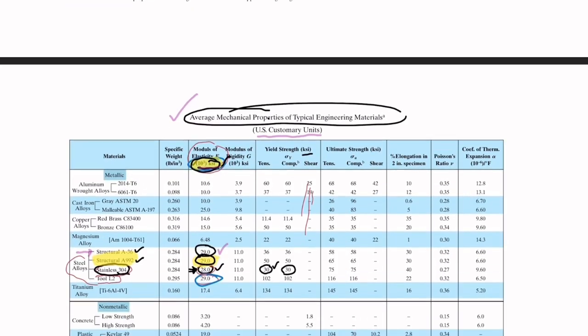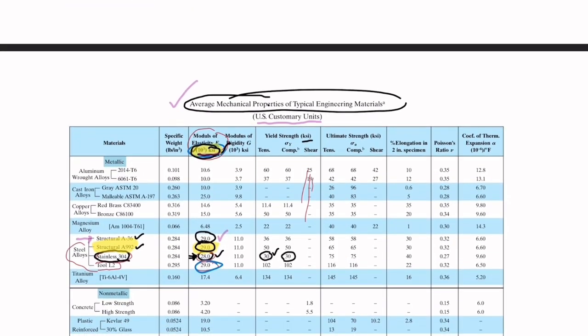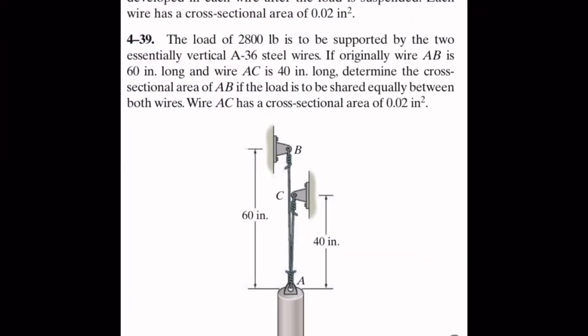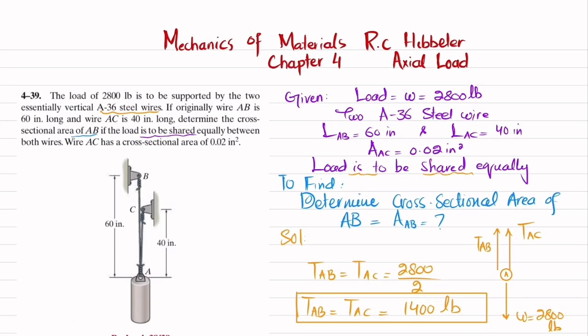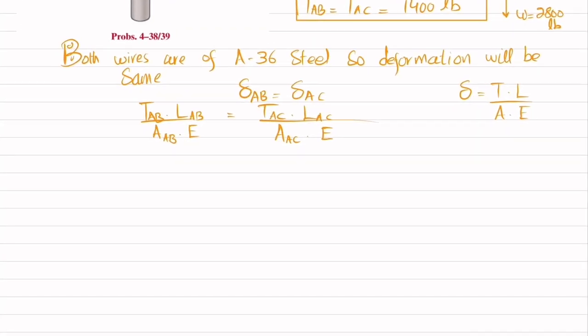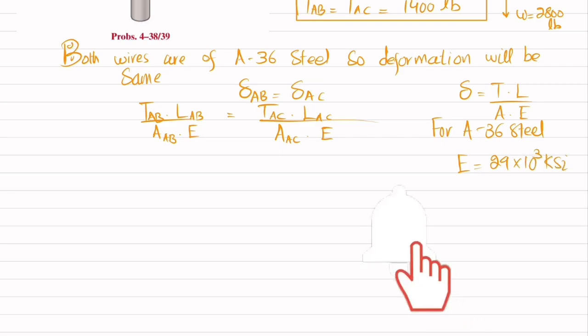But here we are following US customary because we have been given inch. So for A36 steel, E is equal to 29 into 10 raised to power 3 ksi.